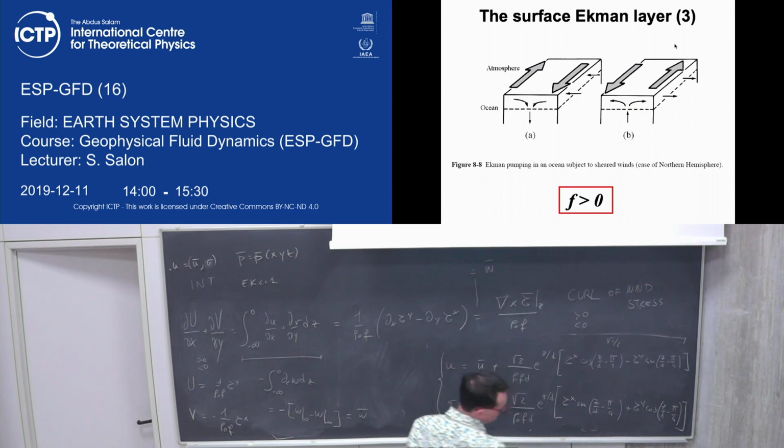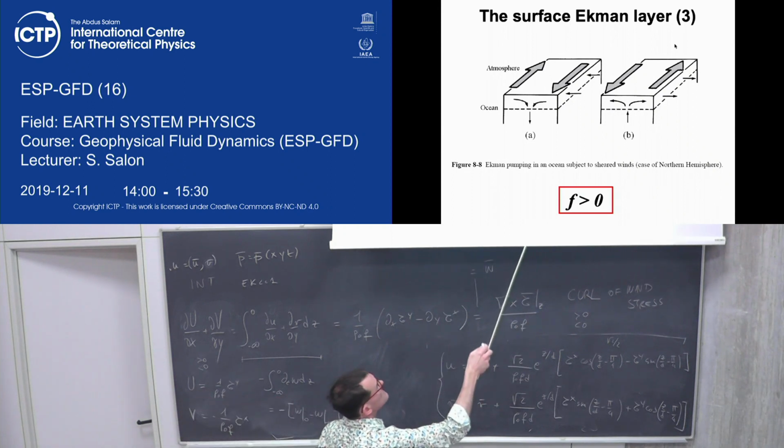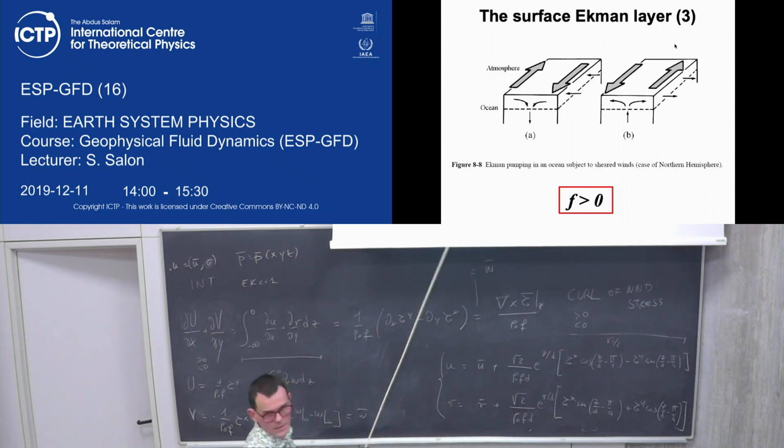So we have that the sign is conserved when we have the curl positive. So curl positive means cyclonic motion. Curl positive means divergence. We have positive vertical velocity, and the contrary for this.